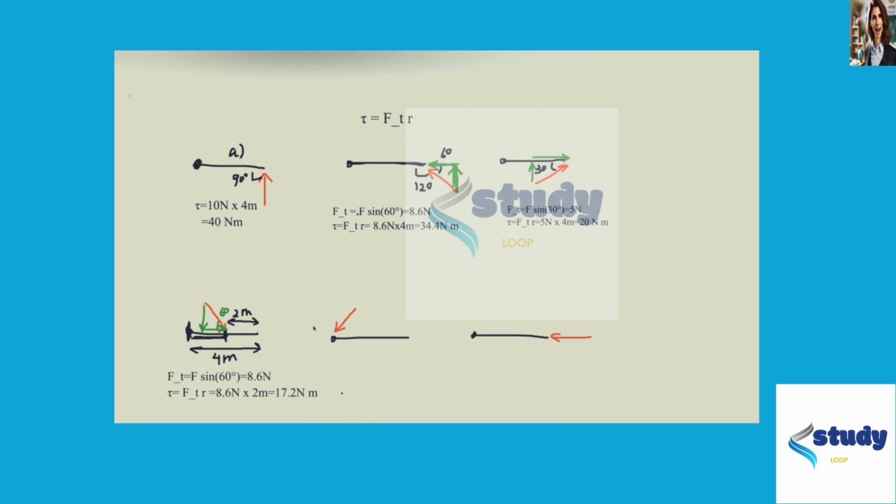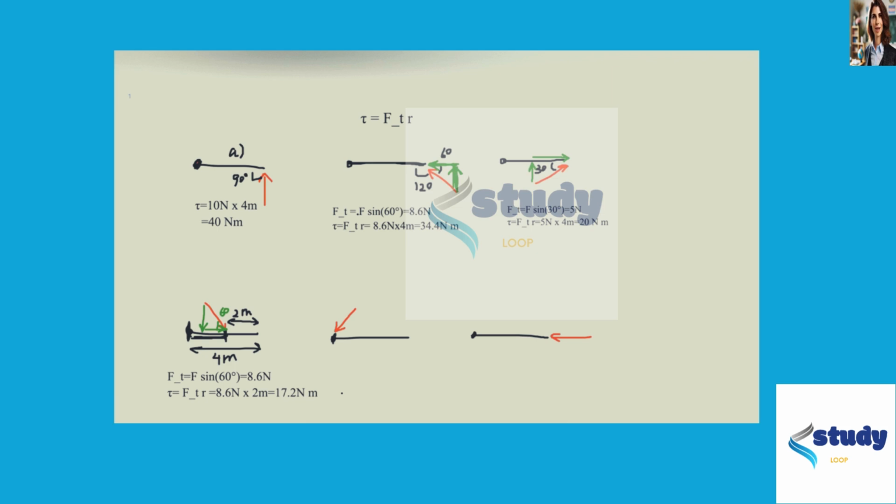Okay, what about this case? We can start to decompose the force, but let's first inspect this case a little bit. We have our point of contact right here. So the force is acting right on the pivot. So what is the lever arm? What is the distance between the point of contact and the pivot? 0, because we are acting right on it.